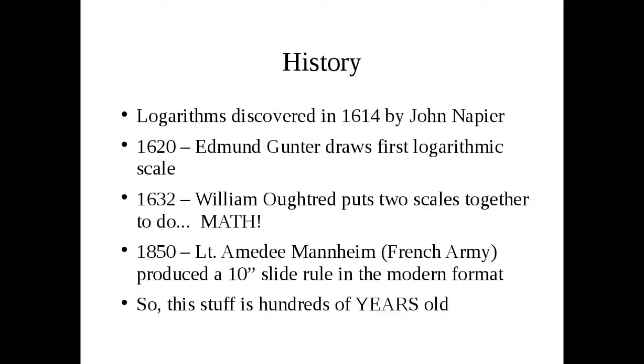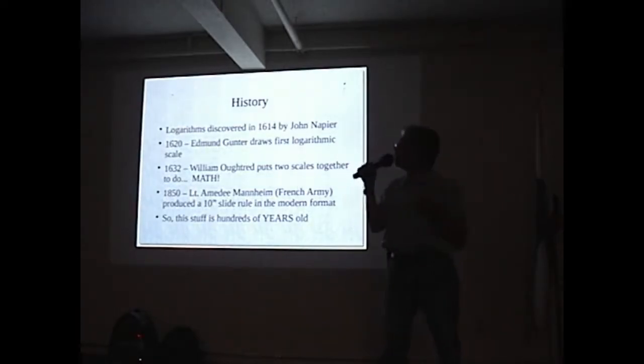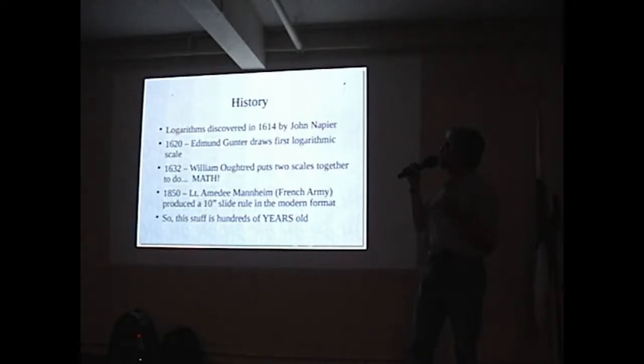This has been around for a while. Logs were first, not invented, you don't invent physics, they were discovered back in 1614. John Napier figured out what a logarithm was. They weren't actually written down as a scale until about 1620. Twelve years later, someone actually put two scales together to do some math.